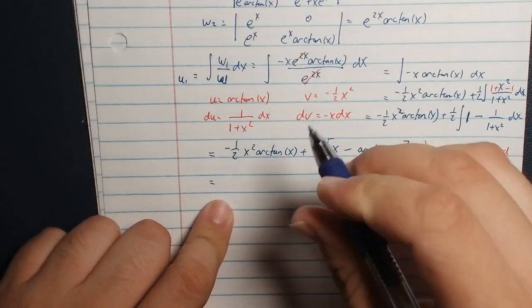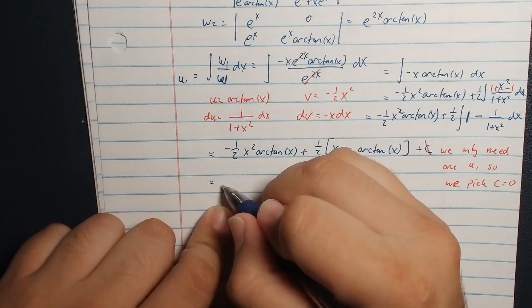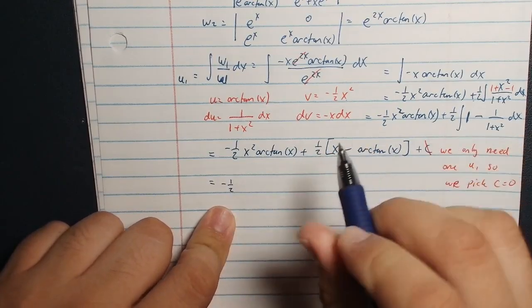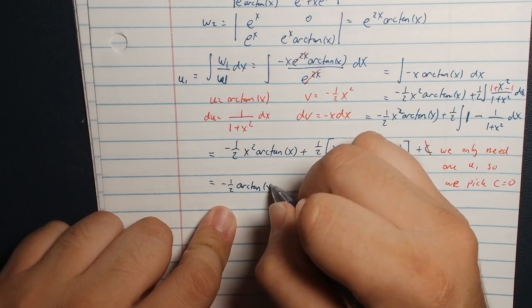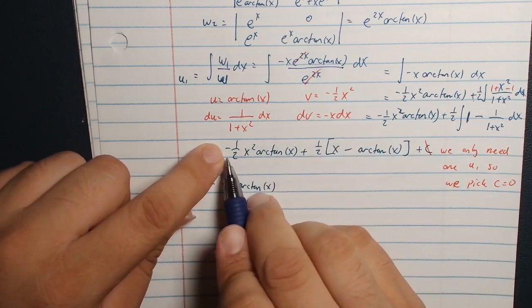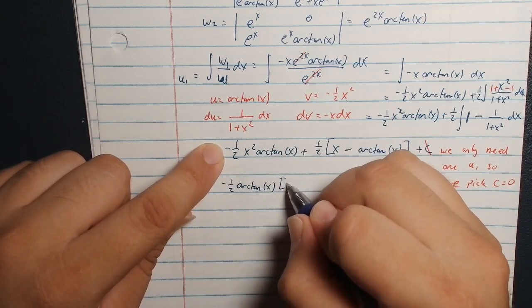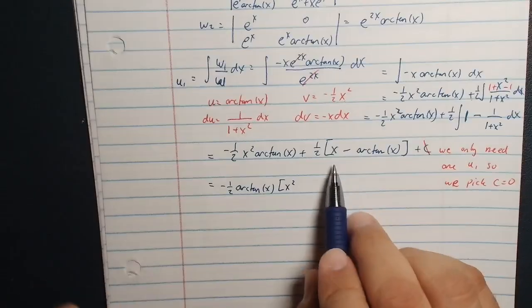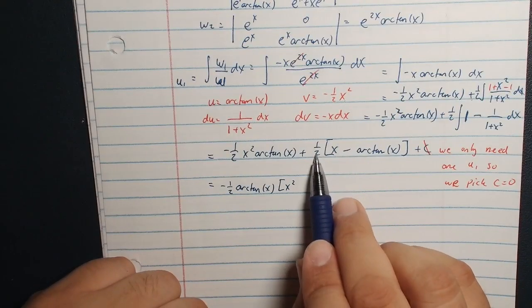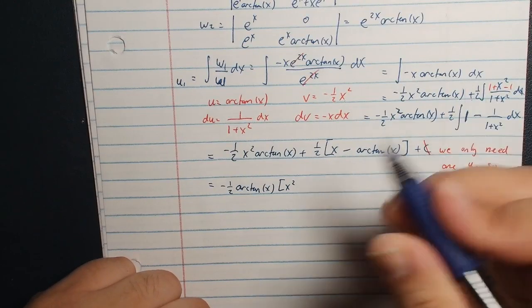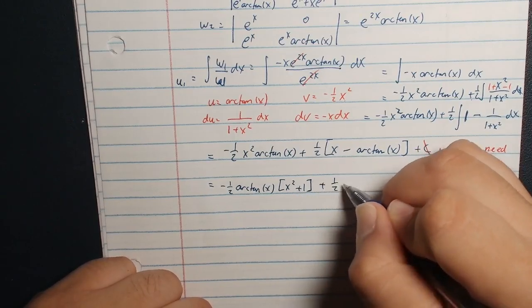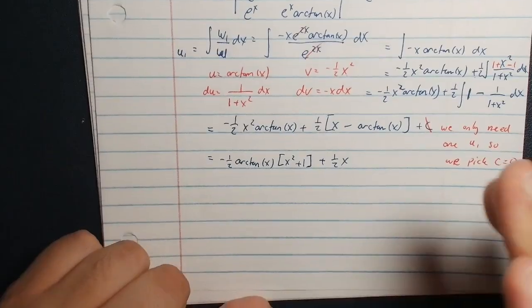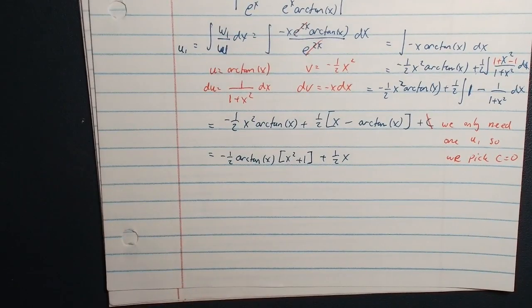So I've got a minus 1/2 arctan x. If I factor out minus 1/2 arctangent of x, I'm left with x squared right here. Over here, if I factor out minus 1/2 arctangent of x, I'm just left with 1. Plus 1/2 x right there. And again, plus c, but I'm not going to worry about the plus c.